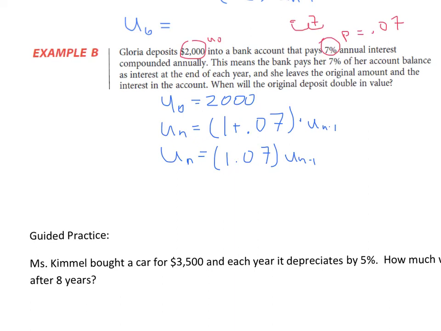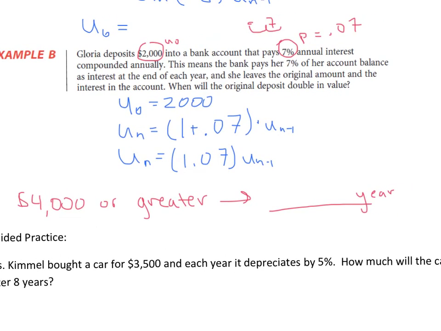So what you're looking for is your value being $4,000 or greater. You can either use the calculator shortcut or just multiply each previous term by 1.07. But you are going to do that until you get to 4,000 or greater, and what you're looking for is how many years that takes. So whatever your term number is going to be the number of years.